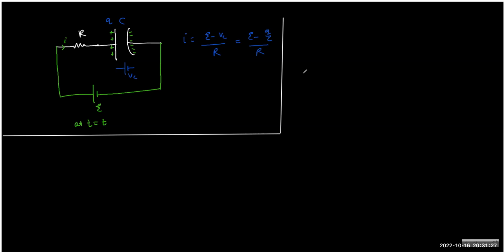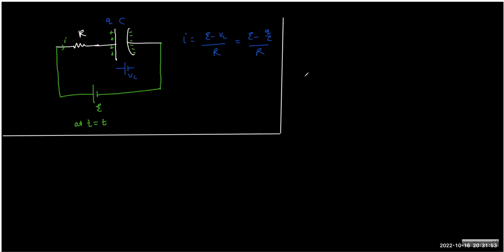And if Q by C grows, then eventually it is going to balance the EMF E of the cell. So one fine day, Q by C will be equal to E. And when that happens, the current will be how much?